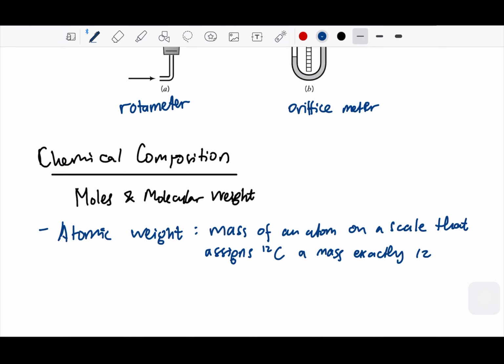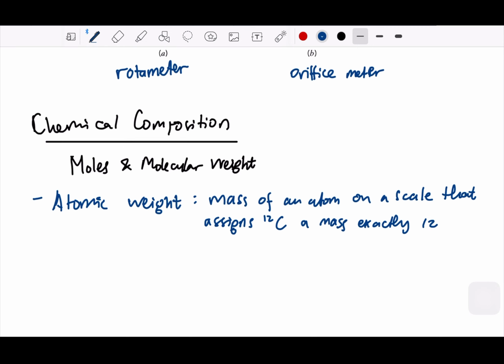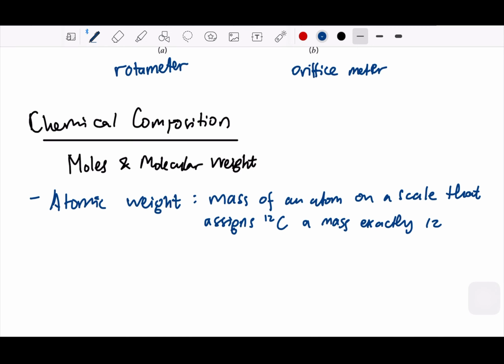This is practically the exact definition of the atomic weight, that you need to scale to the isotope of carbon, which has 6 protons and neutrons, and it should have the exact number 12.